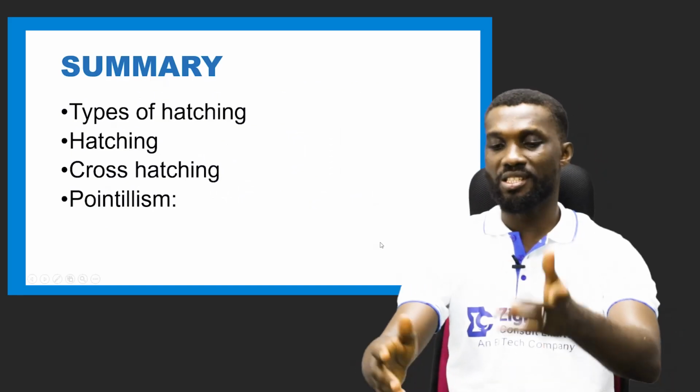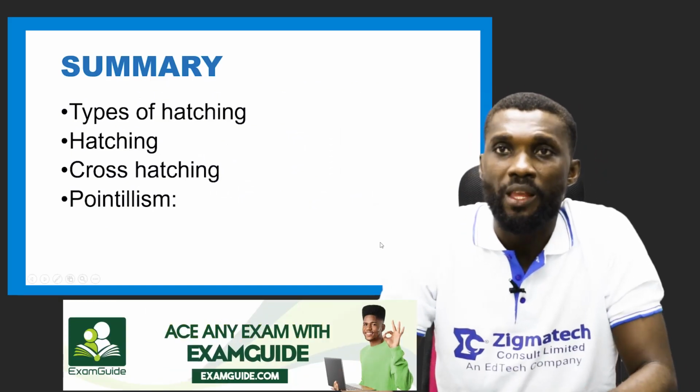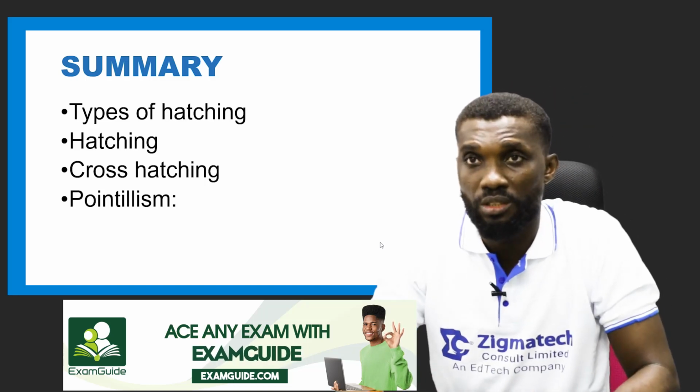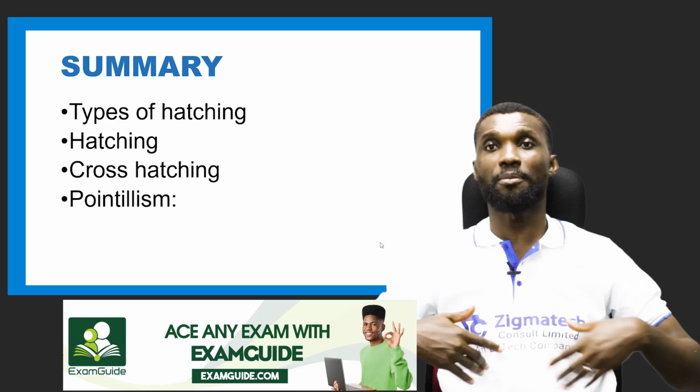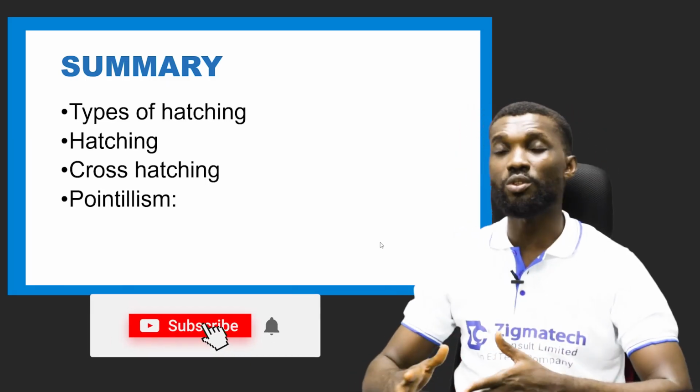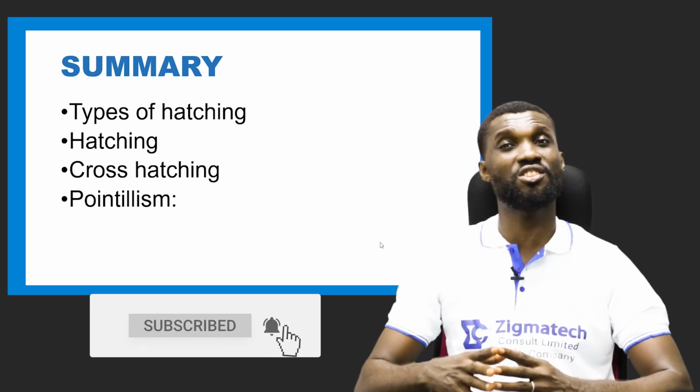Okay, now this is the end of today's class, and let's look at what we've talked about so far, from the first type of shading we discussed during the first part. Now we defined what shading is. We talked about the types of shading. We talked about the different shading techniques.